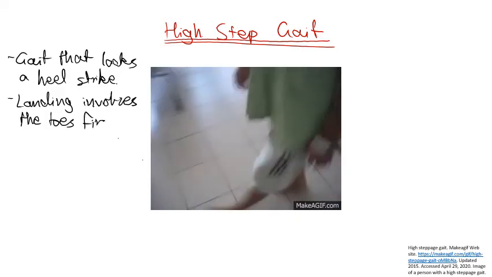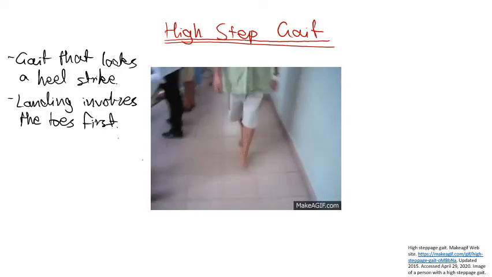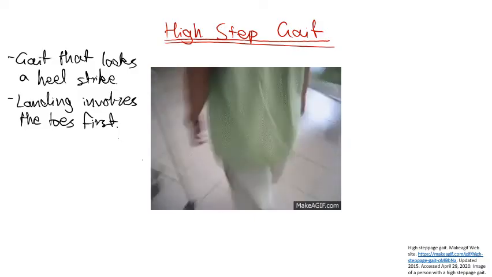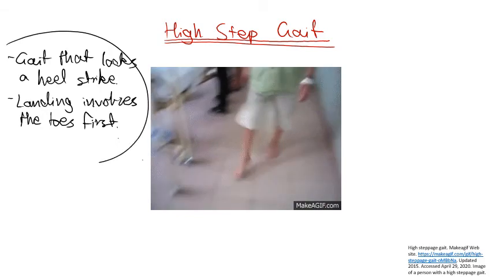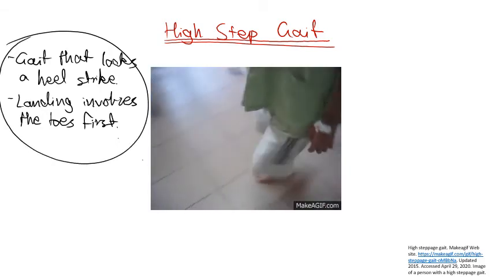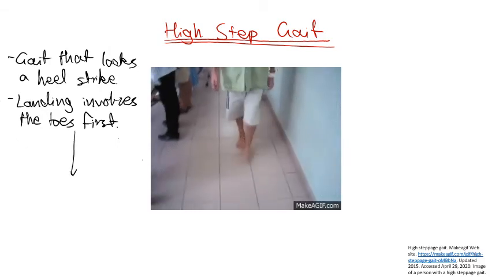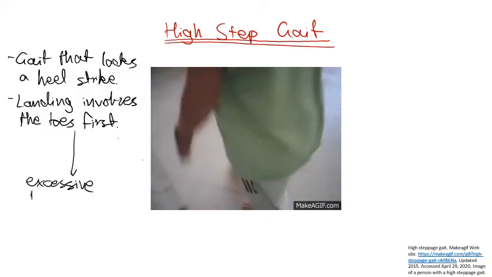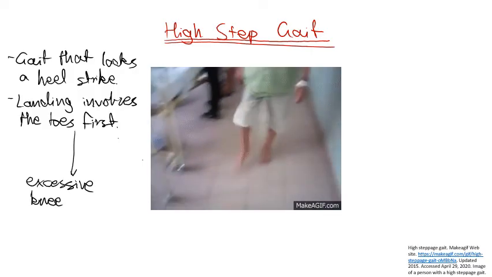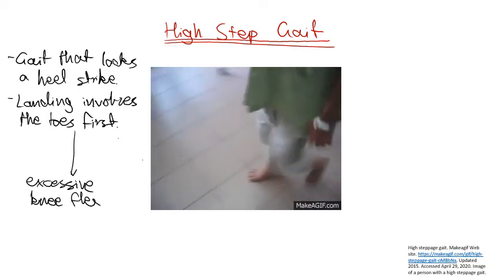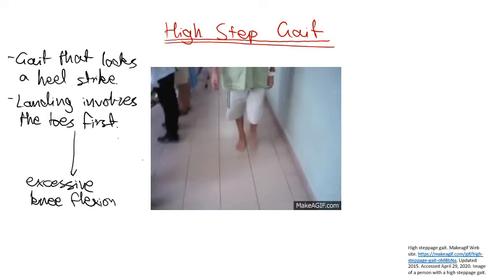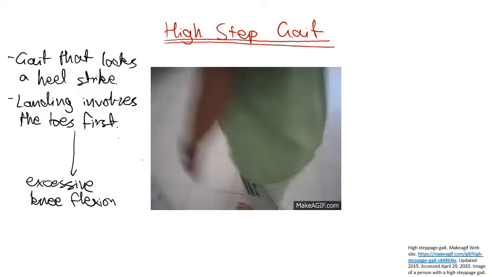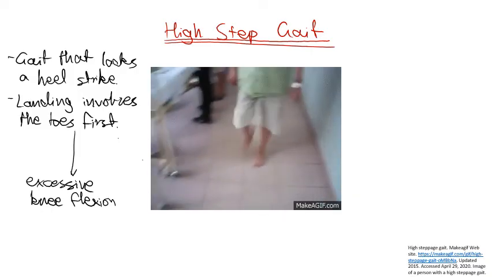There are a few key processes occurring that allow for the manifestation of this gait. Firstly, the mechanisms that allow for both of these pathological processes to occur include excessive flexion of the knees. So in order to compensate for the foot being unable to dorsiflex and allow for a heel strike, the knee flexes excessively.